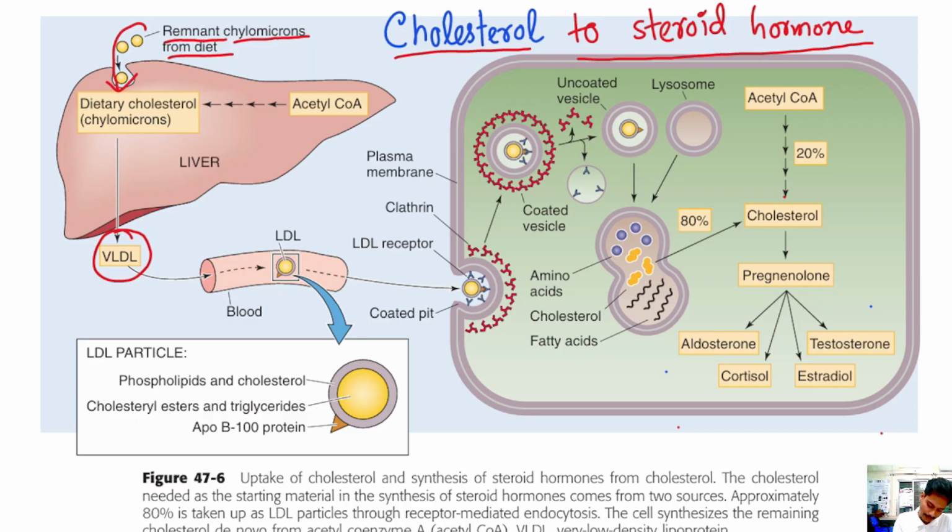In the liver, it gets smaller. It is known as VLDL, very low density lipoprotein. If VLDL accumulates in the blood vessels, it can form low density lipoprotein, LDL. In LDL there is a phospholipid layer and cholesterol.